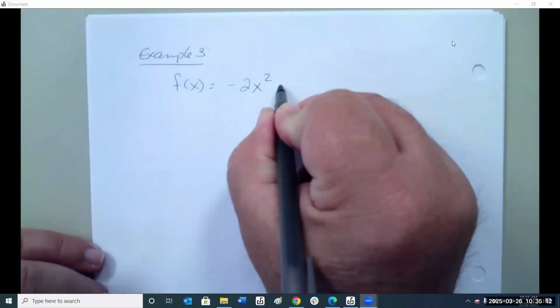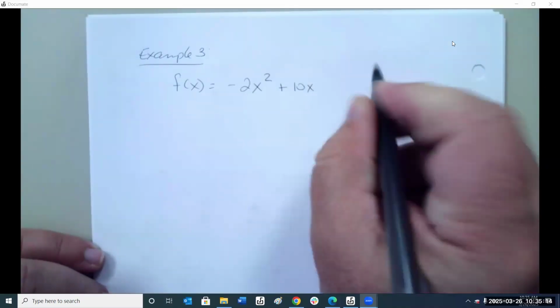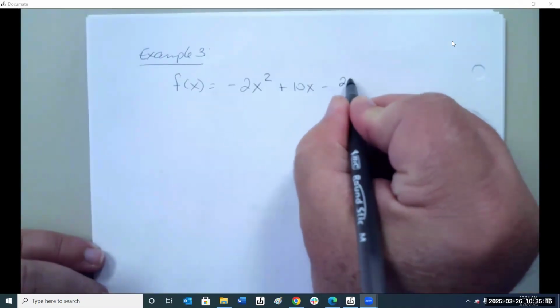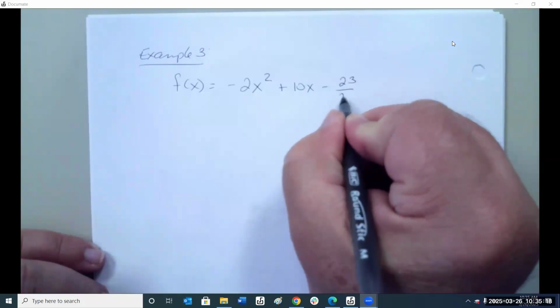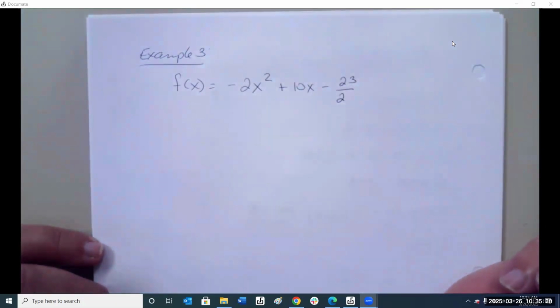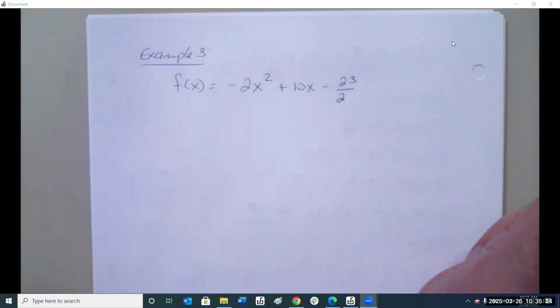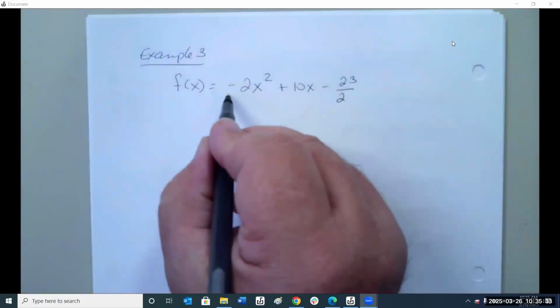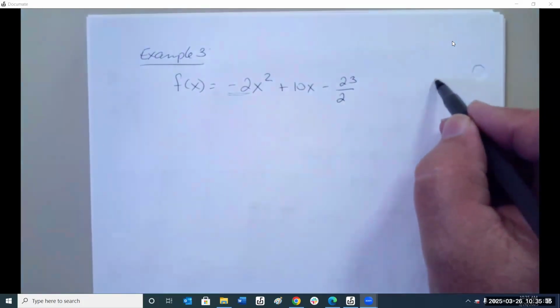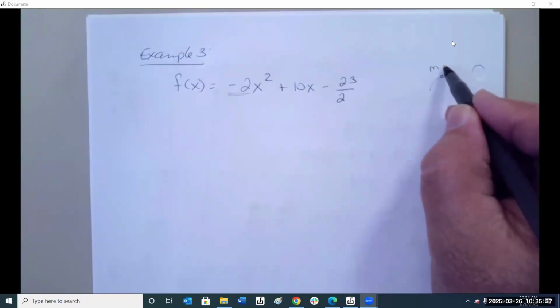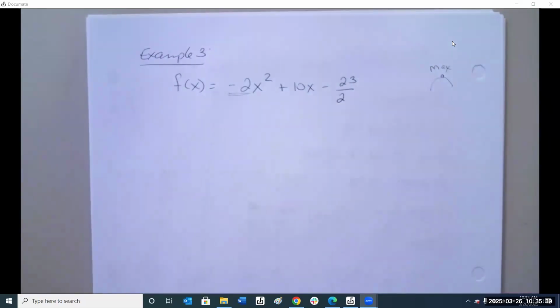Negative 2x squared plus 10x minus 23 over 2. Okay, we know already what the graph is going to look like. Do we have a max or a min? A max because it opens down. We know the graph's going to be like this, so we're going to have a max because it's negative.